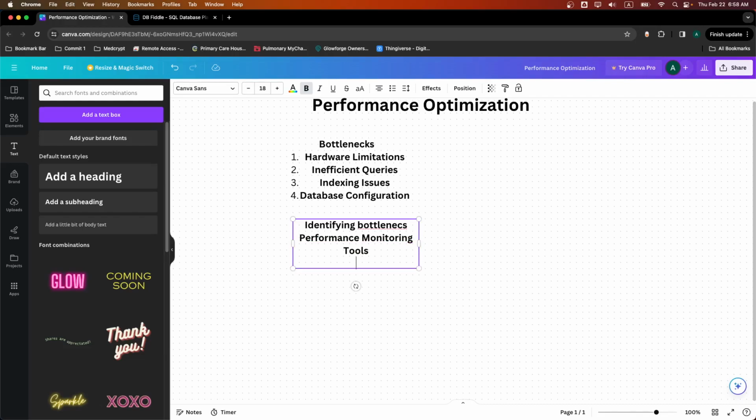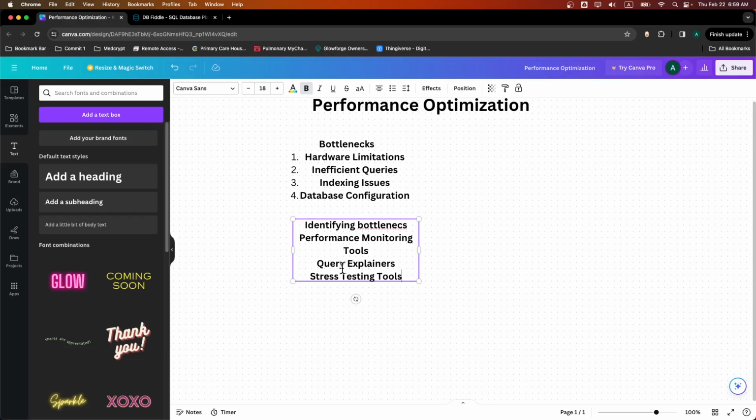We have query explainers, which can analyze the execution plans of your queries to understand how they are processed and identify inefficient steps. Then we have stress testing tools. Stress testing tools are going to simulate realistic workloads to see how your database performs under pressure, and it's going to uncover potential issues.